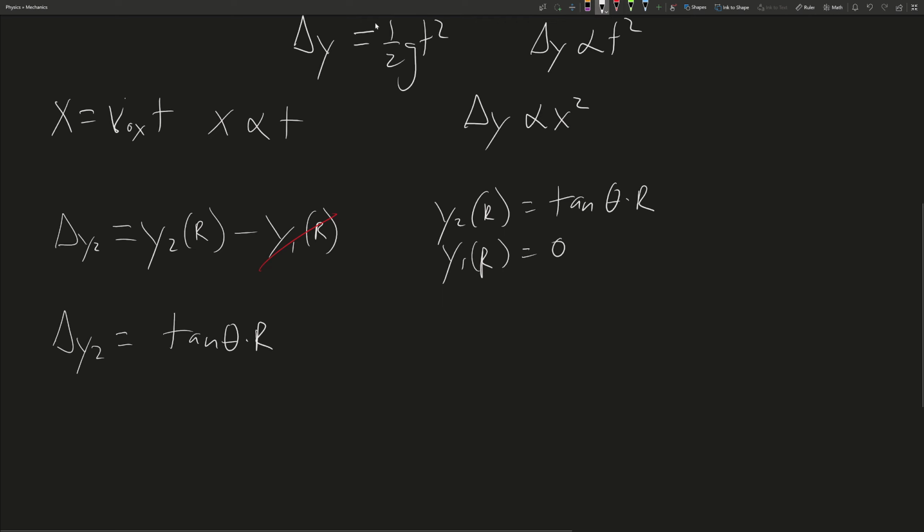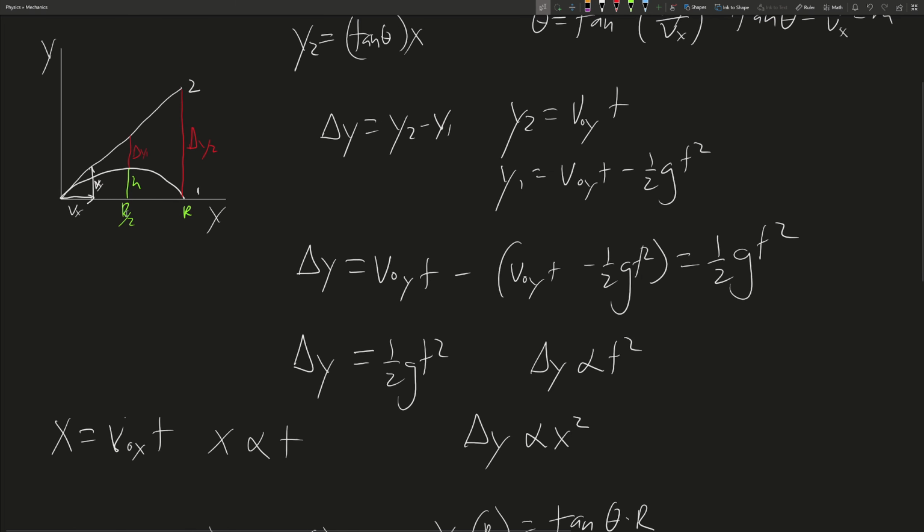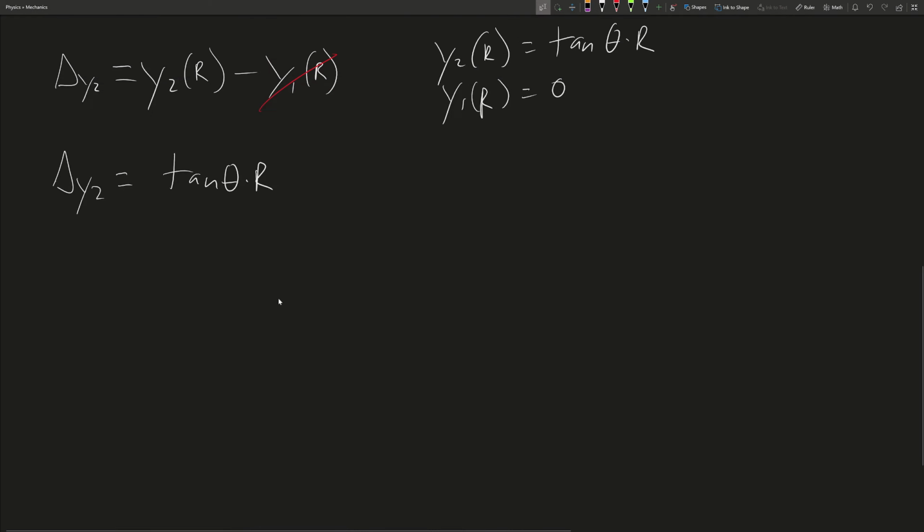Now we know that this difference in height is proportional to x squared. Since its highest point here, r over 2, is half of the distance to r, and the difference in height is proportional to x squared, this is 1/4.